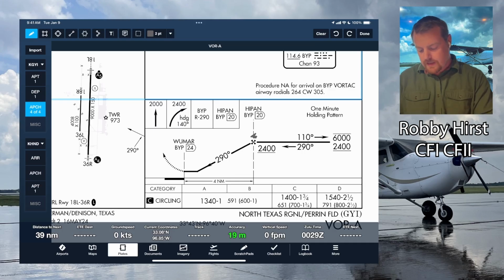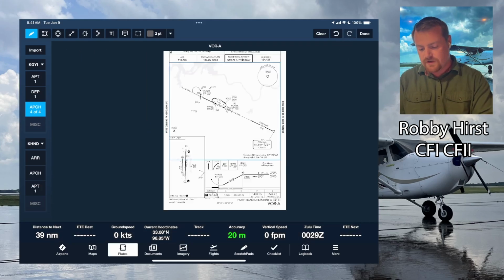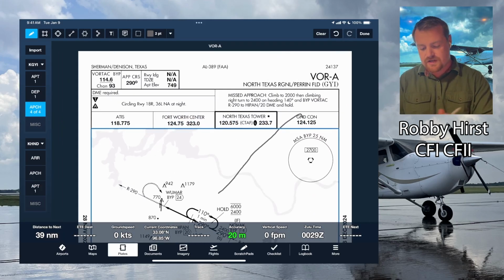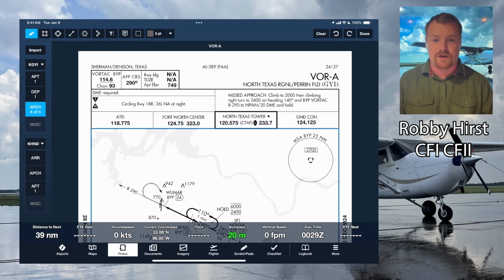So the other thing that I want to bring up about this one is you'll notice this non-precision approach is going to be circling. So this VOR, you'll notice, isn't associated with any specific runway. It's just the VOR alpha. So all this VOR is doing is getting you to the airfield and then allowing you to make the right decision for what runway you need to go to.